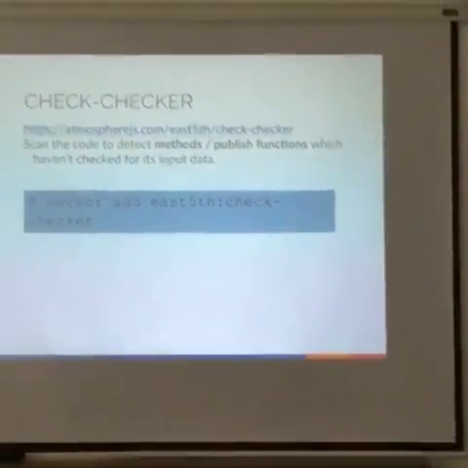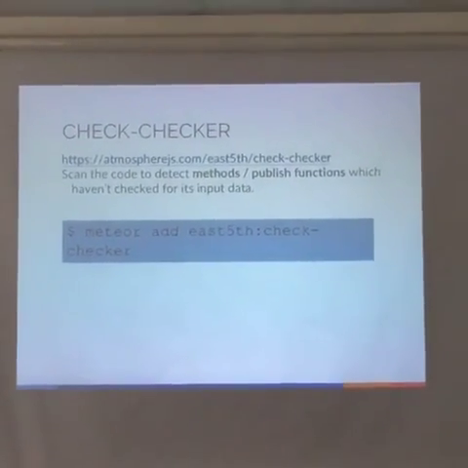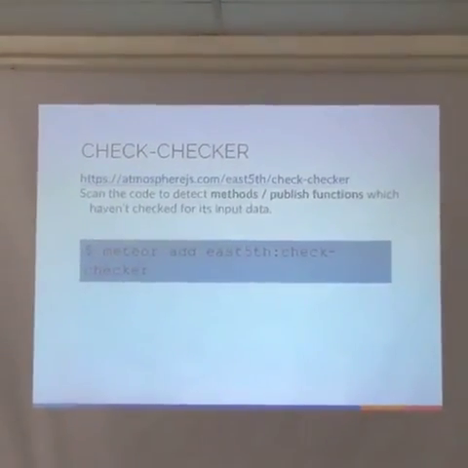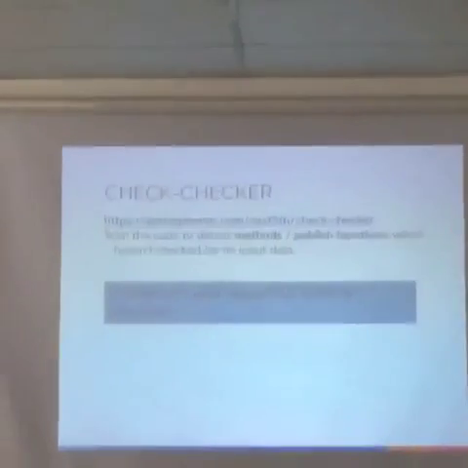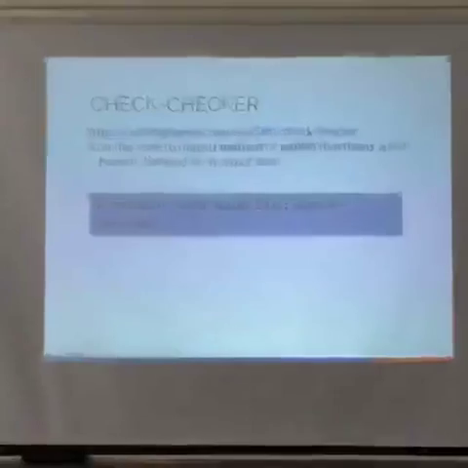This will scan your source code and detect the methods and publish functions which haven't checked their input data. So all you have to do is go ahead and add that package, and for a new method, if it hasn't checked the input data, then the package will throw out a warning.